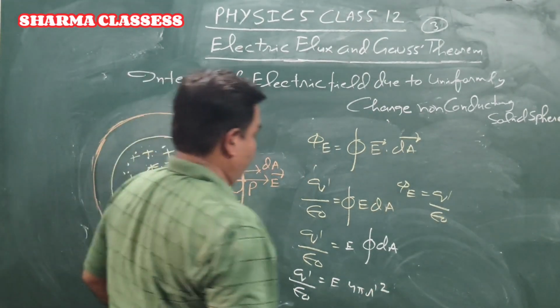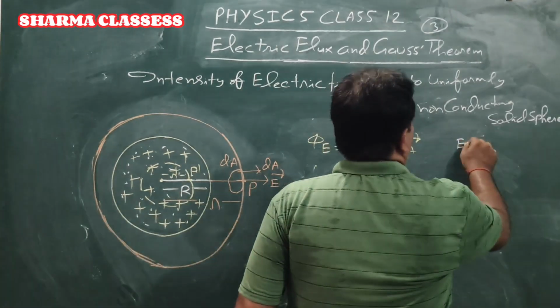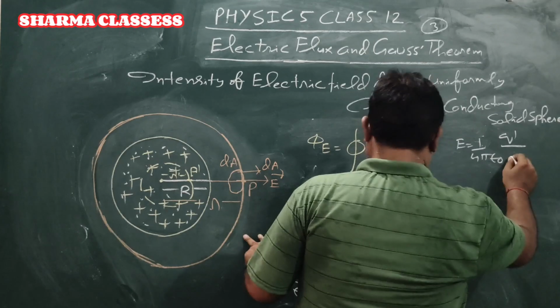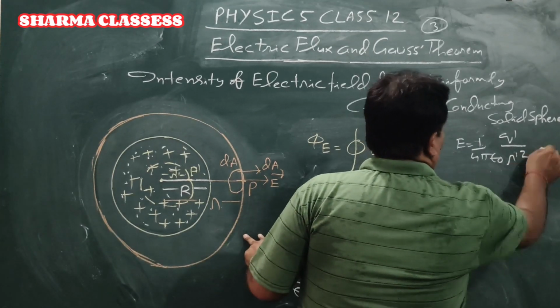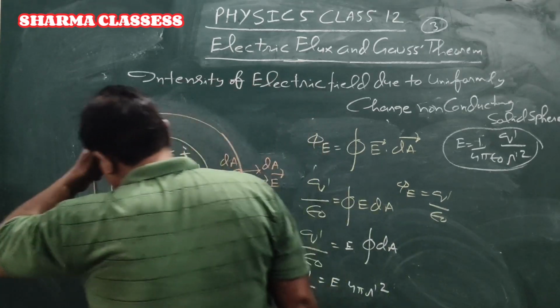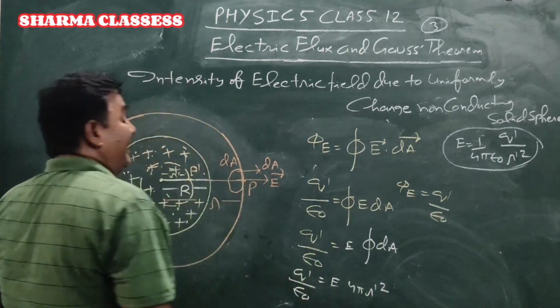So the intensity E is equal to 1 upon 4 pi epsilon naught Q dash upon r dash square. But we don't know the value of Q dash; r dash is given, but Q dash is not given.